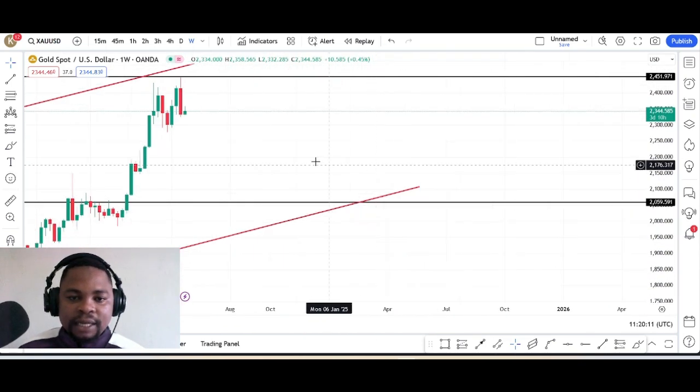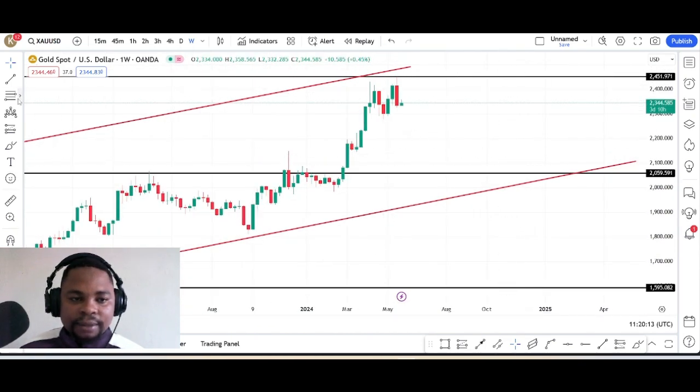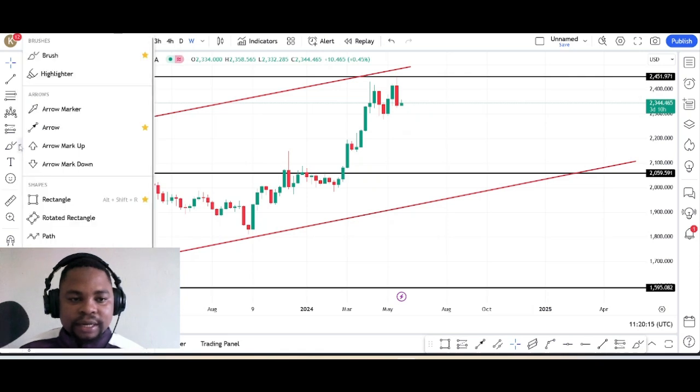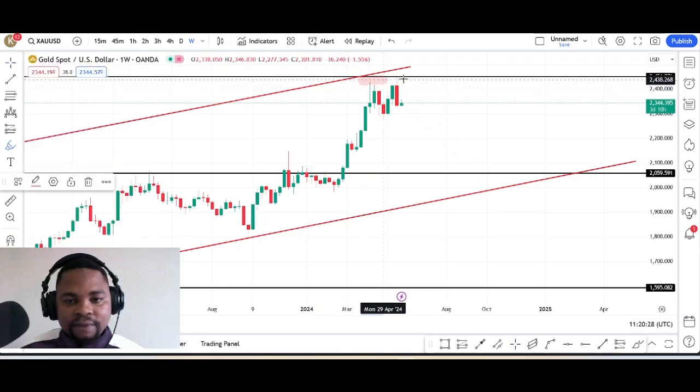By looking at this, it's actually contradicting what I was looking at on the DXY. It's very contradictory, because on the daily and weekly time frame I'm establishing that we have a double top here. When you have a double top, it means you have an M formation.